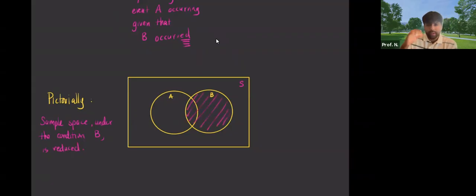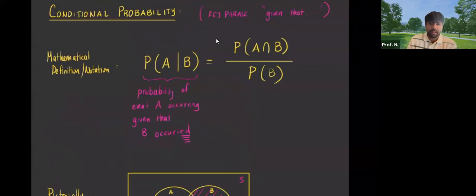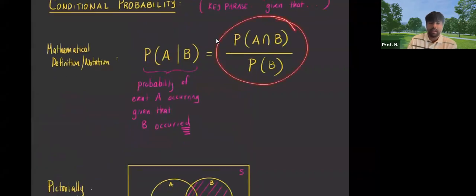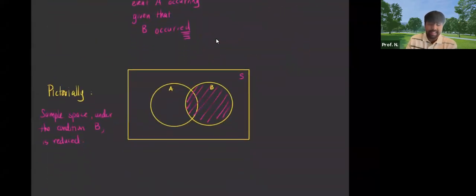So now our world, for a moment in time, is only what happened in B. And you see how now this formula makes a bit more sense? Because now where is A? What's the only piece of A that I have? It's here. And this here is A intersect B. And of course, this is B.